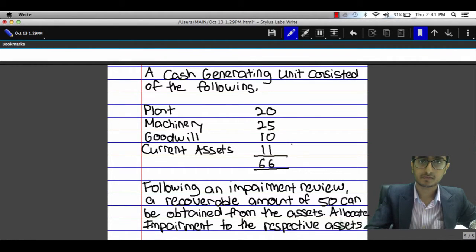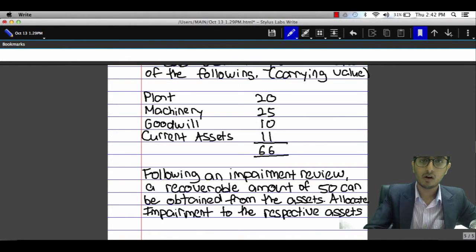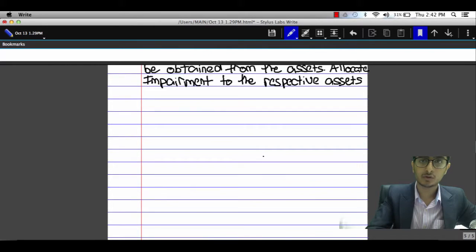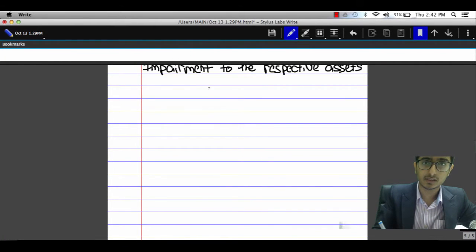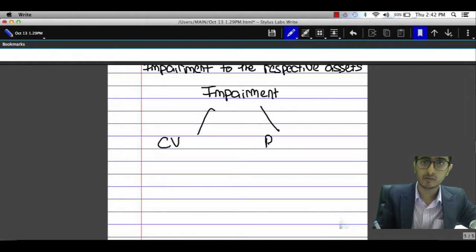Now, say this is carrying value, okay? Now, remember, when it comes to impairment, we compare 2 things. My carrying value and my recoverable amount.